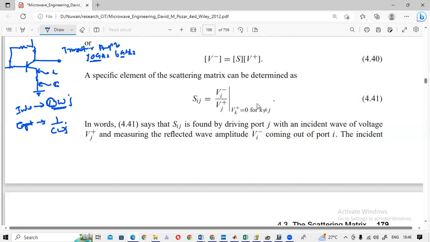If L is very low, near zero, the inductive reactance may still be a considerable value because omega is very high. On the other hand, if C is very low but omega is very high, the capacitive reactance can be very low. So inductive reactance can be very high and capacitive reactance can be very low.